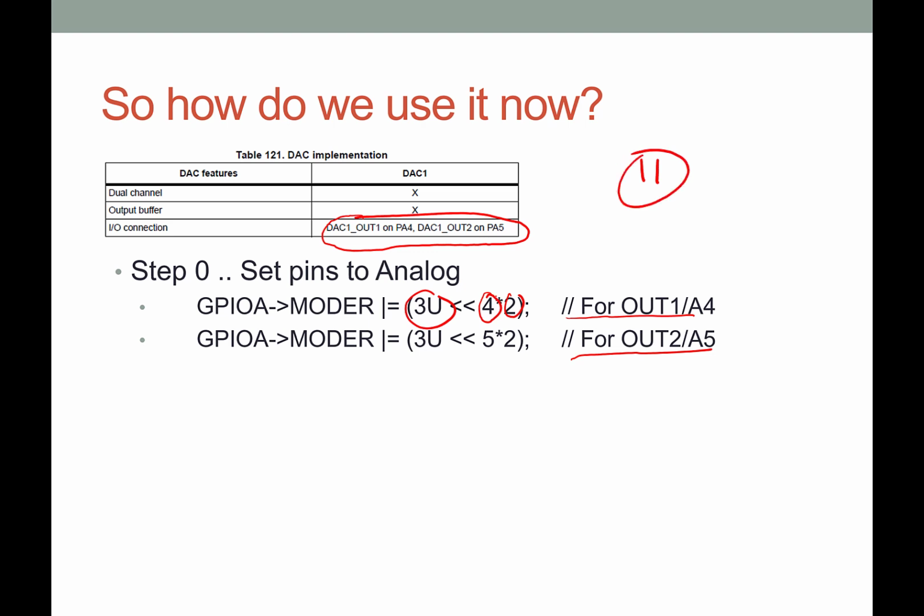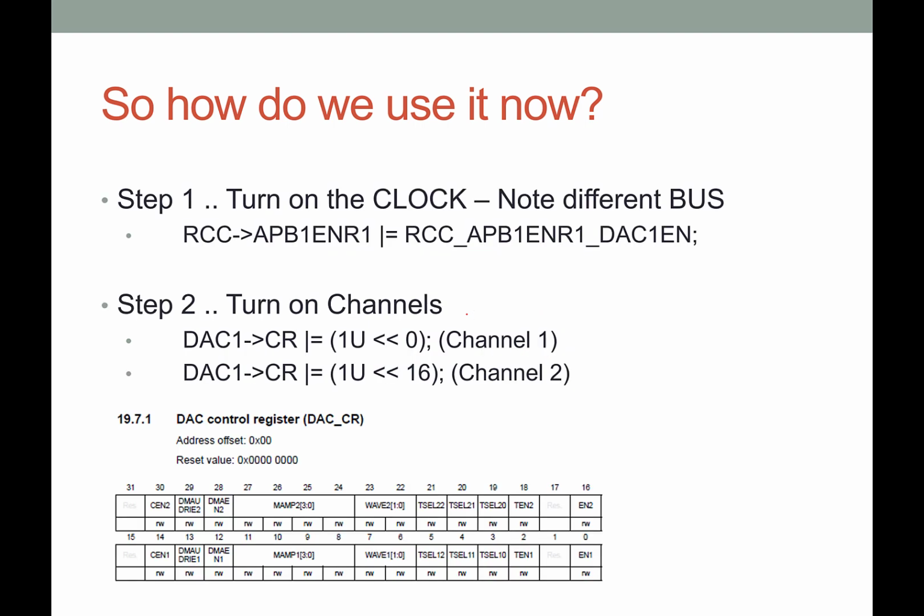So this is basically saying we're moving 1-1 into PA4, and then 1-1 into PA5. That's all this is doing, again using the mode register just like we've seen before.